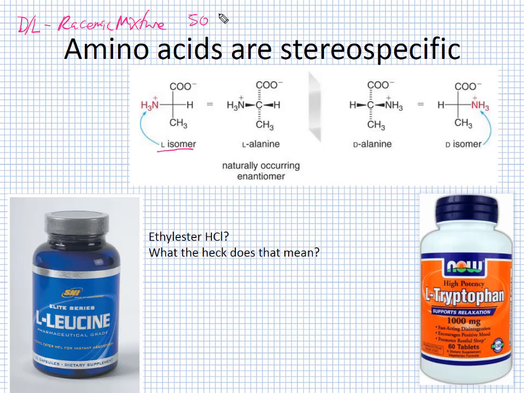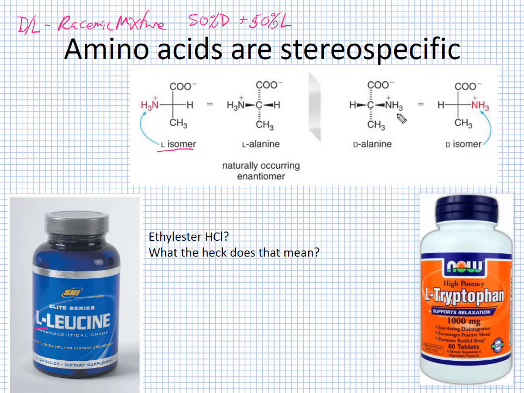It's 50% of the D and 50% of its L enantiomer. It's a mirror image. But oftentimes you'll also find it purified, so we have just L. So they'll sell you L-leucine, right? Or L-tryptophan. This L is referring to where this amino group is in the Fisher projection.